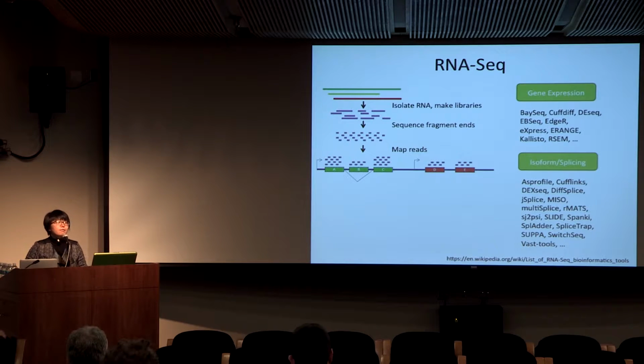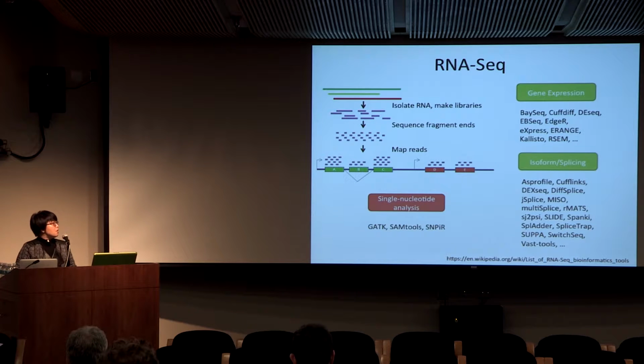In fact, today we have a number of exciting talks lined up to address these questions. So I'm going to talk about single nucleotide analysis instead. And in this area, there are much fewer tools, and these tools are just appearing, and some of them are not specifically designed for RNA-seq analysis, but rather for DNA sequencing analysis initially.